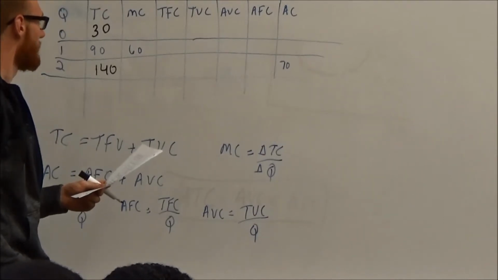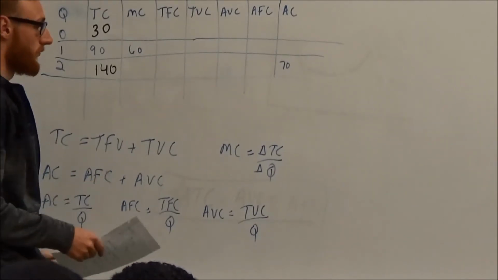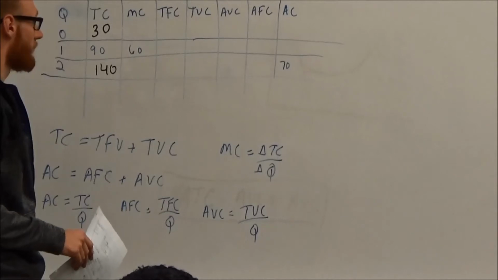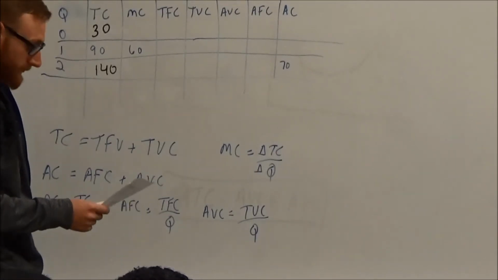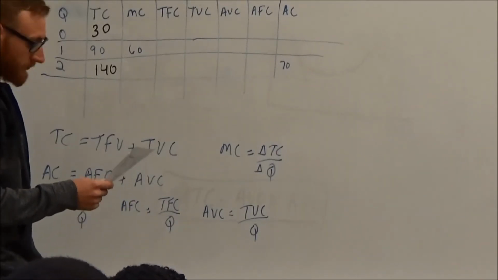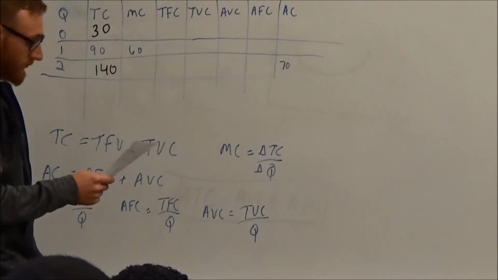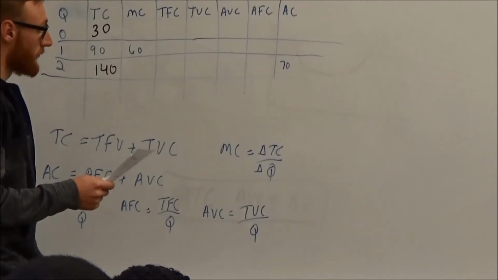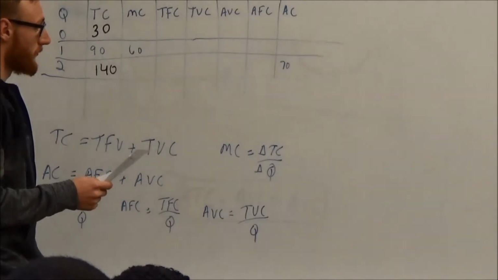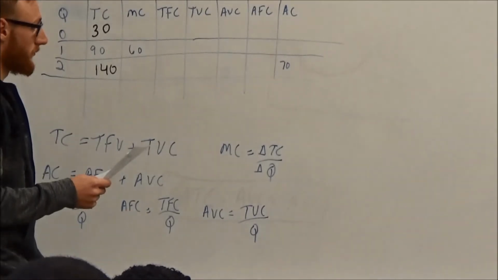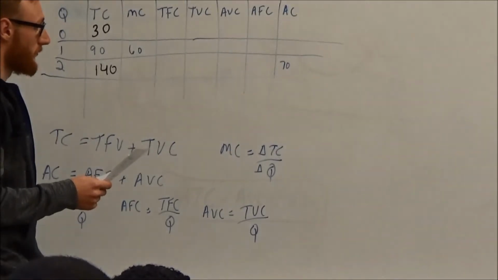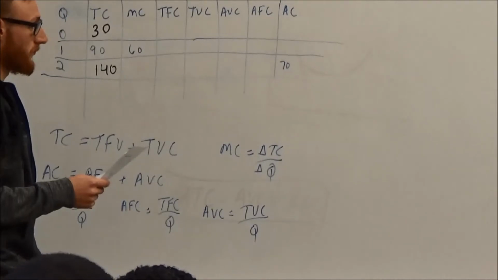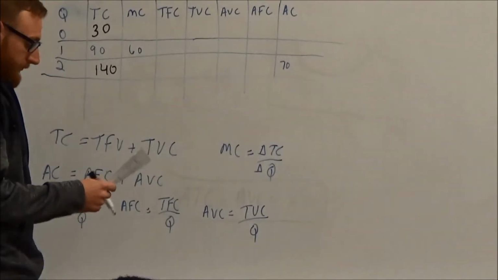Because your average cost is your total cost divided by Q. And this equals 2. This is total cost, and this is equal to 70. So what divided by 2 is going to give you 70? Or more, 140. And then you got it from there.